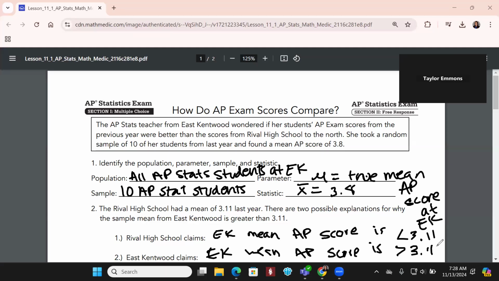Which one is the null hypothesis? Yep. Null hypothesis. That's null hype.